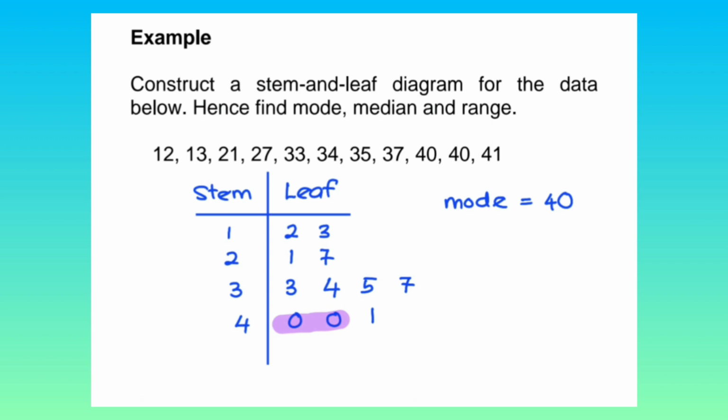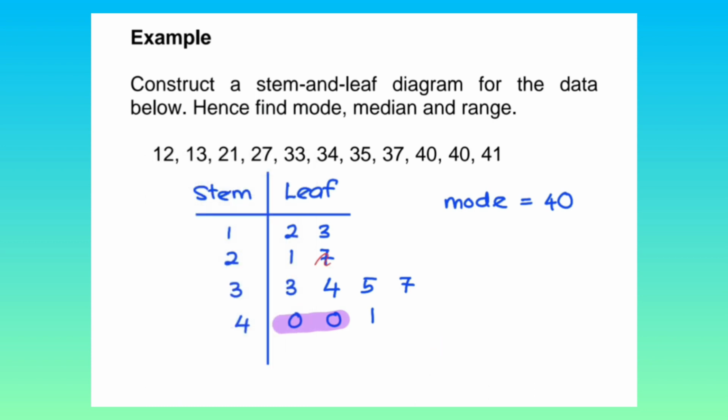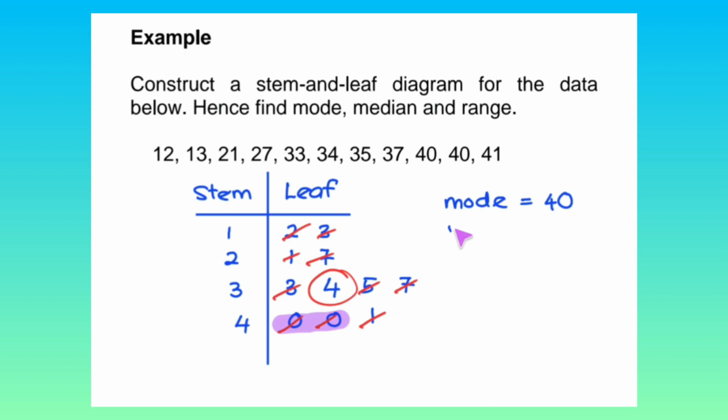Then we want to find the median. What is median? Median is the middle number of a set of data. So to find the median, we just cancel one by one from both ends. So now we have the median is 34. And range.